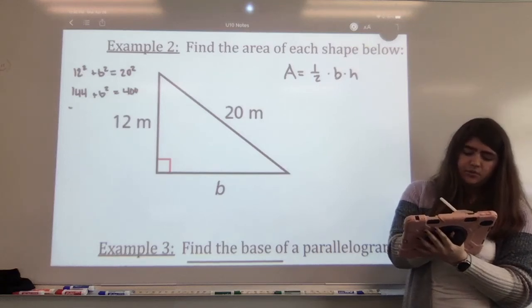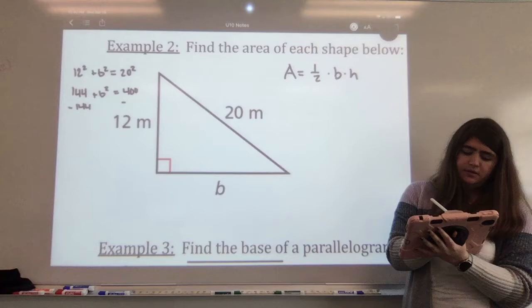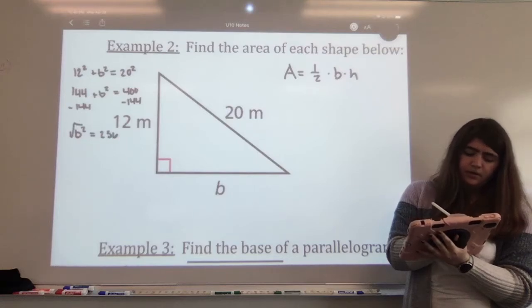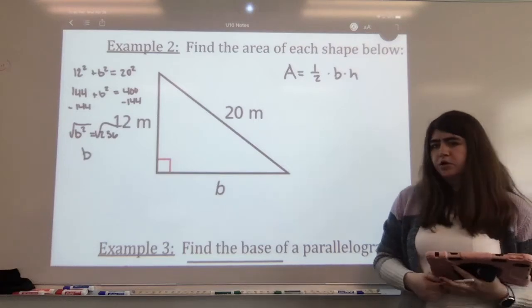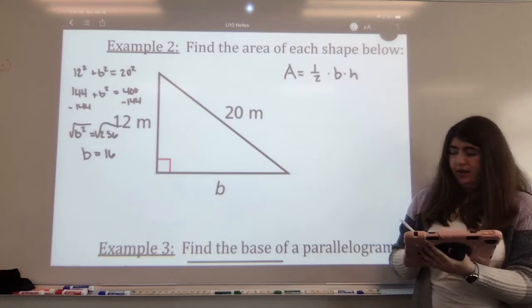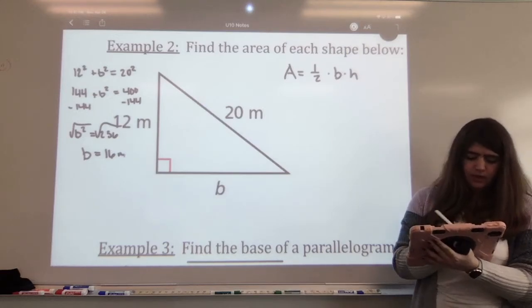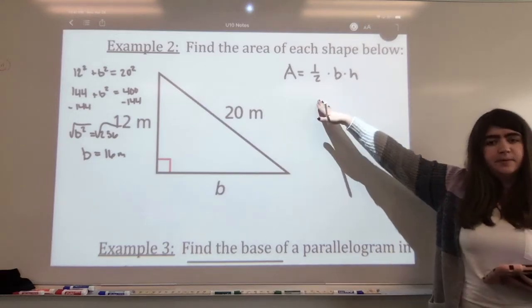Then we'll subtract 144 from both sides. Then I have B squared is equal to 256. We're going to square root both of those sides, and that gives me that B is equal to 16, and that's meters. So now I can take that and I can plug it into my formula.